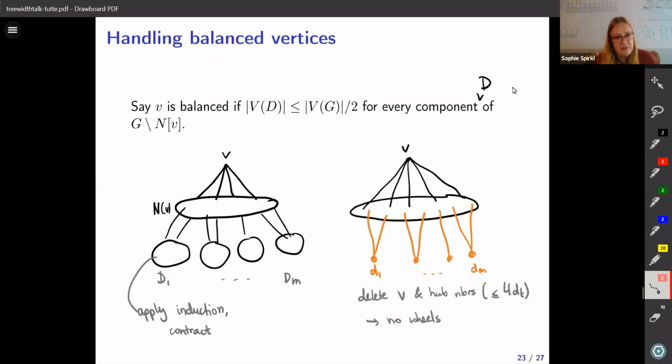And so that's what you do. In these parts, you apply induction. And then you just need to deal with how do they fit together. And as it turns out, how they fit together is a wheel-free graph, essentially. So how they fit together is very, very well controlled.